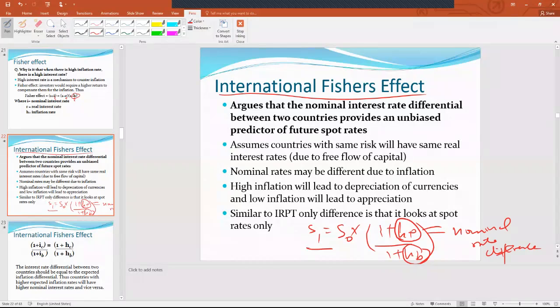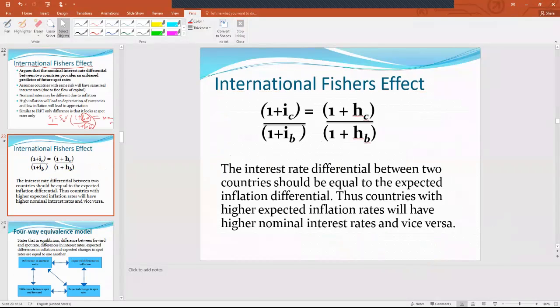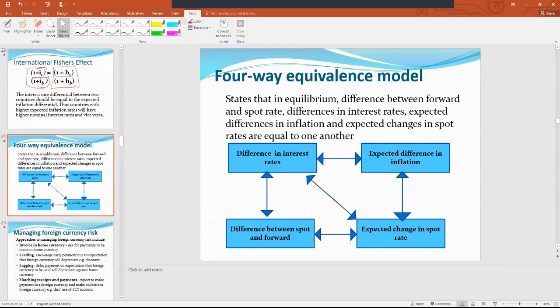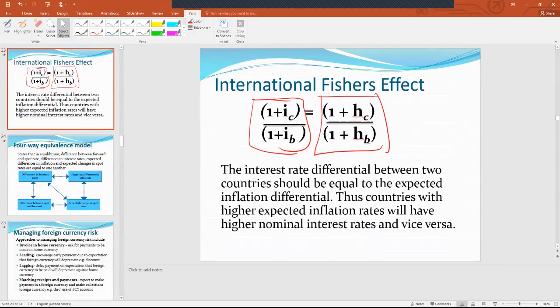Clear? This is what we mean by that: the difference between the nominal interest rates of these two countries is equal to the inflation differential between the two countries. I call this the international Fisher's effect. The difference between the nominal interest rates is equal to the inflation rate differential between those two countries.